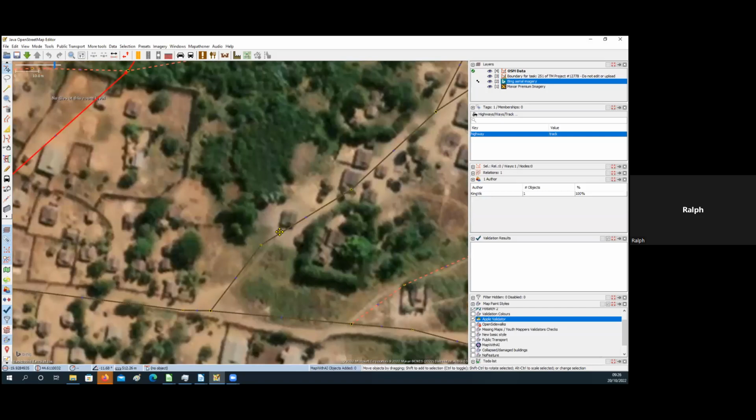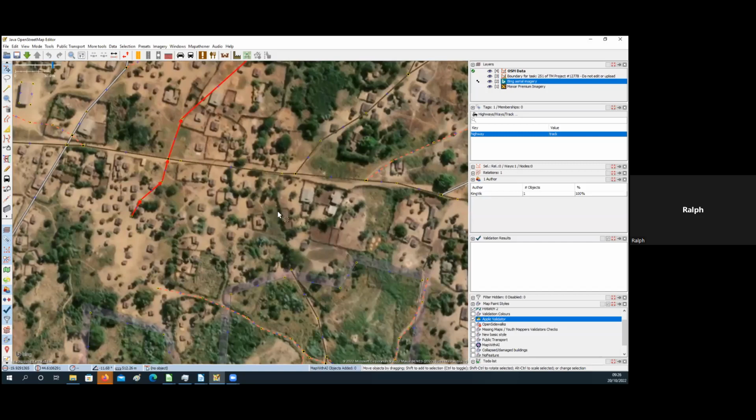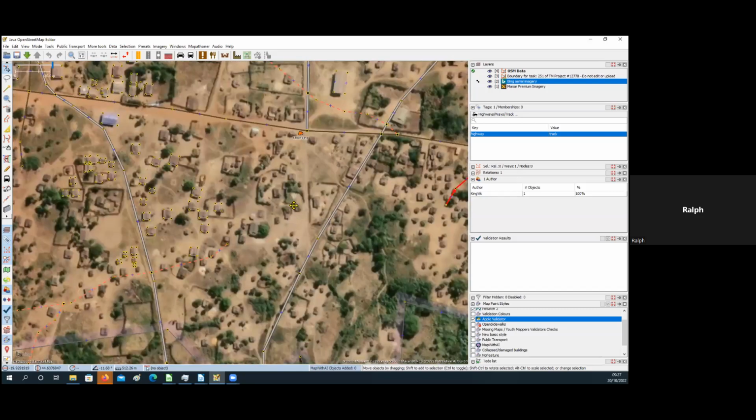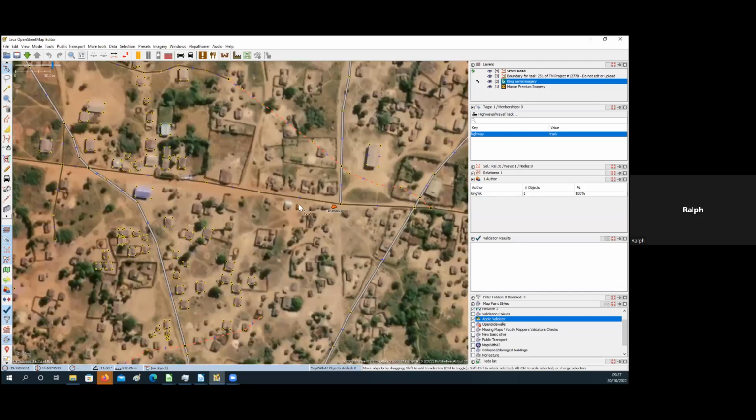And most of the villagers will be going about their business on foot or on bicycle. And that's something that you must note. So any highways through here or interconnecting routes would probably be paths rather than residential roads.